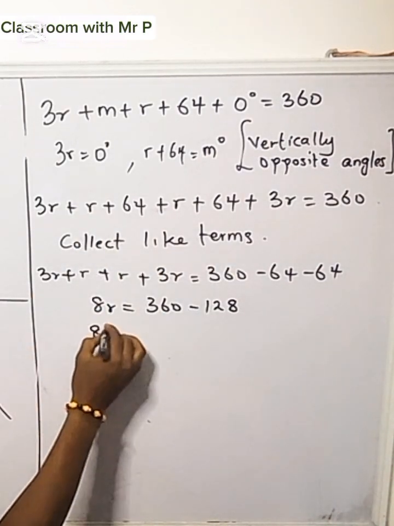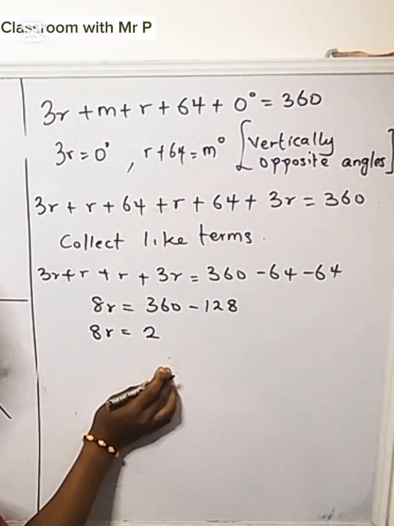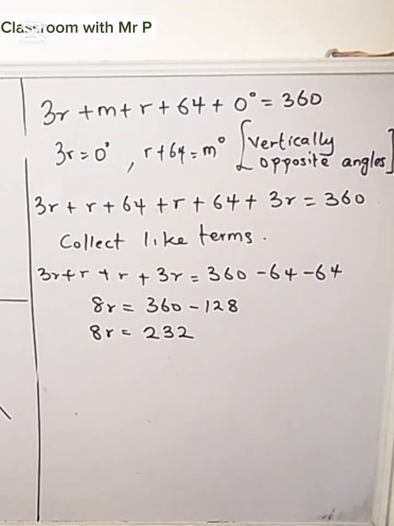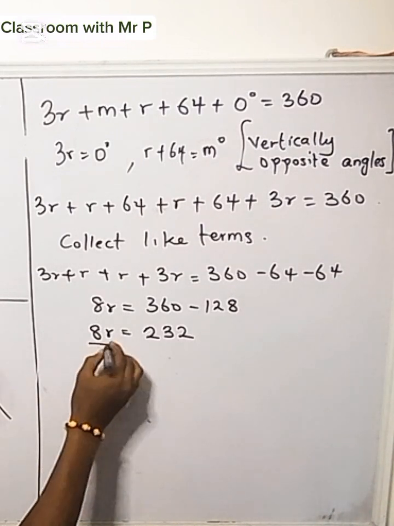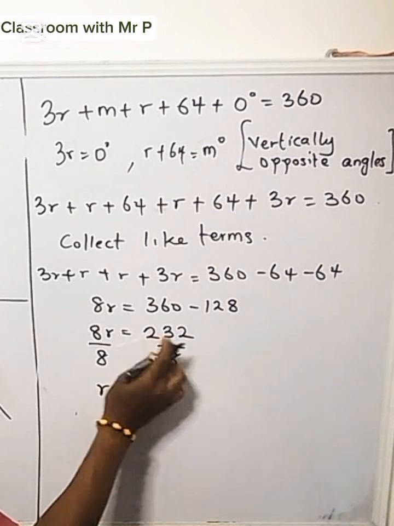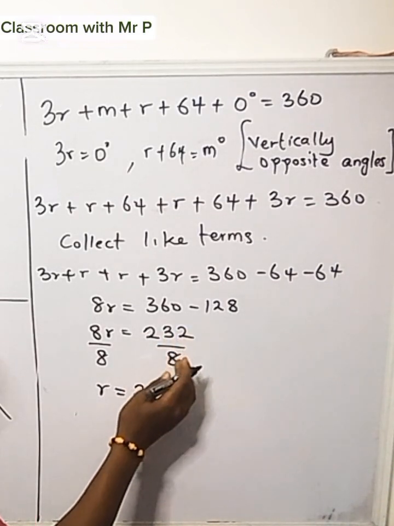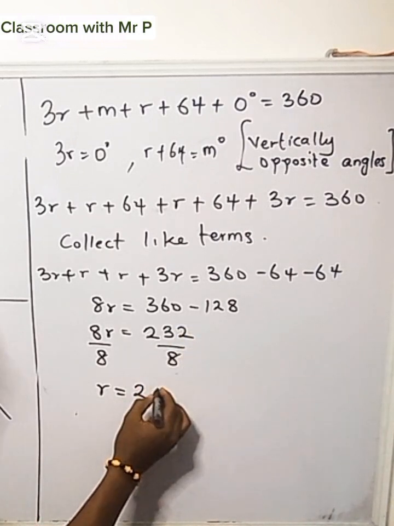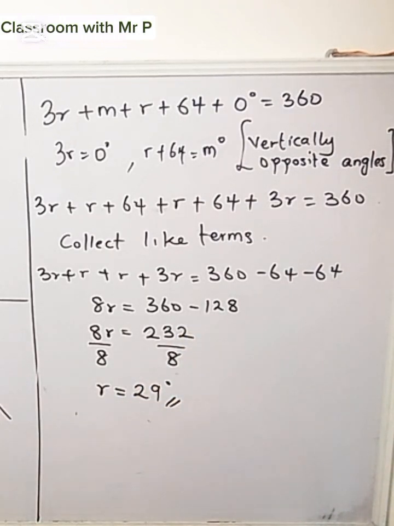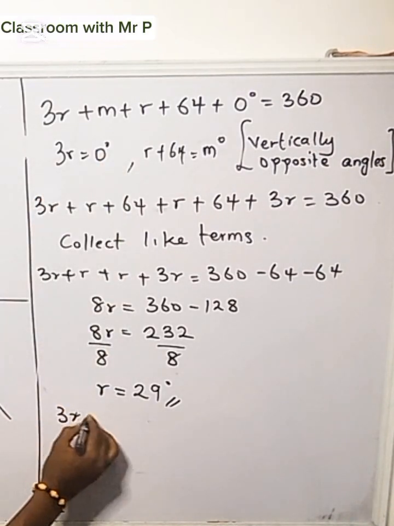Okay, so 8R is 232, if I'm not mistaken. Okay, let's see. So divide both sides by 8. So R equals, 2 in 23 is 2, remainder 7. Then 8 in 72 is 9, if I'm not mistaken as well. So R is 29.